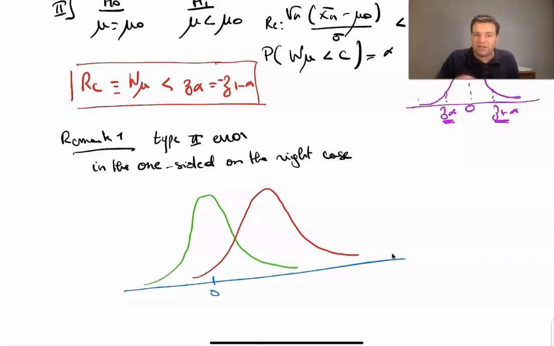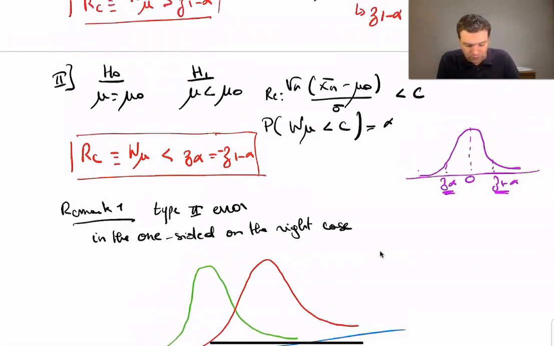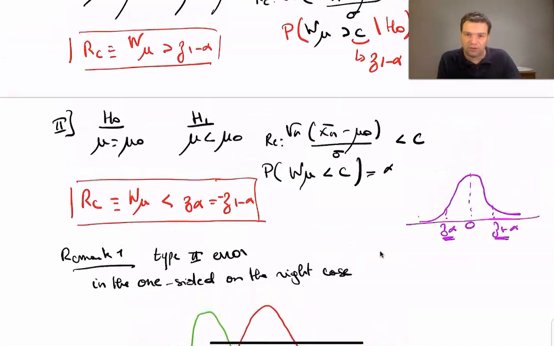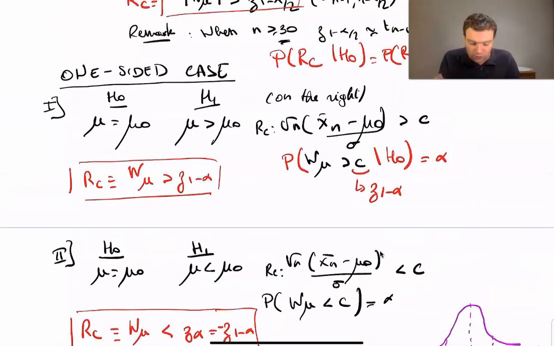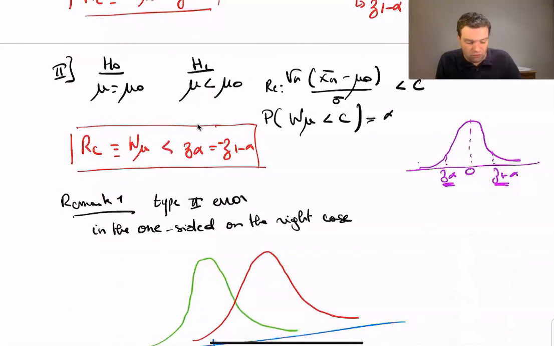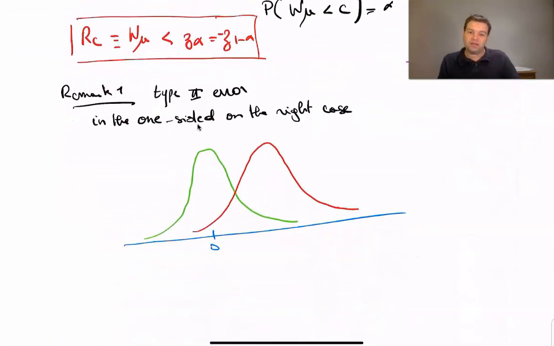Here in the one-sided on the right case, we have mu1, the hypothetical mean for mu, which is larger than mu naught. Therefore, we have a red curve, which lies on the right of the green curve.